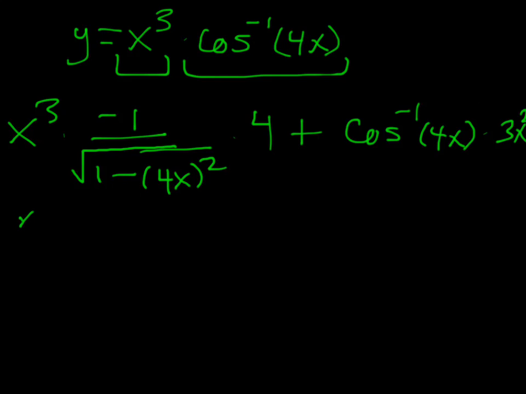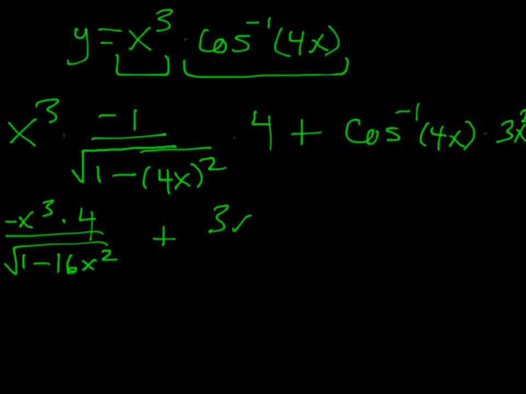So my x to the 3, and that's going to be negative because of the negative 1 here, and that's going to be all over 1 minus 4 squared, which is 16, and then x squared, 16x squared. And then I have the 4 times the 4. I'm going to rearrange that in another step. Plus 3x squared cos negative 1 of 4x.